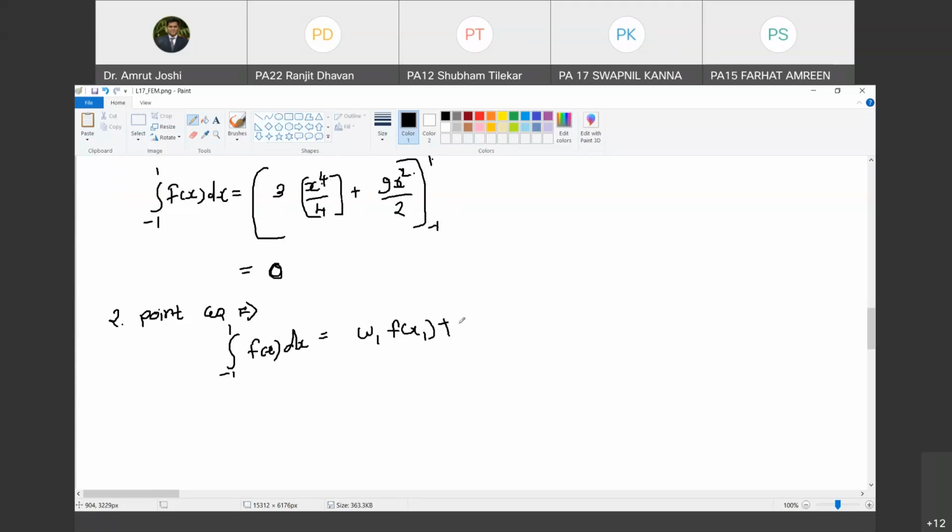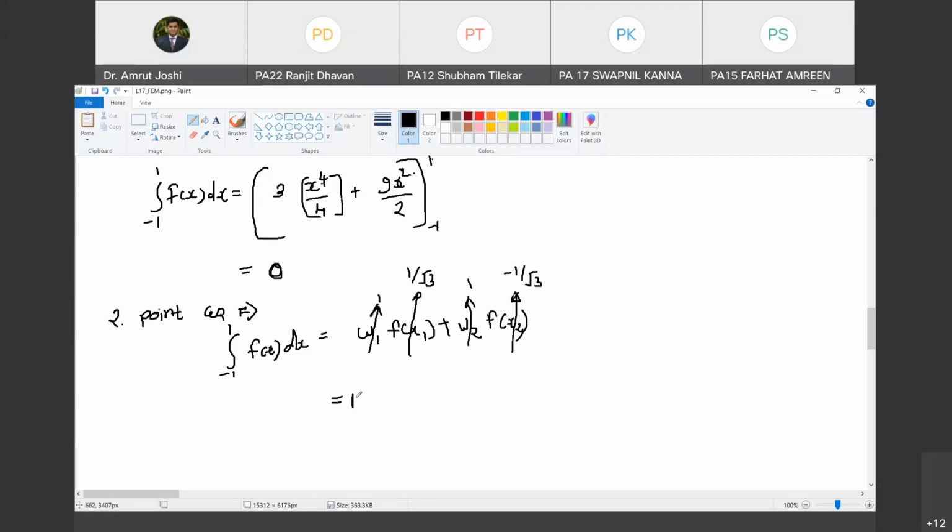Yes. Plus w2 into f of x2. Agreed? Yes, sir. But what is w1? w1 is 1, w2 is 1, x1 is 1 by root 3, and x2 is -1 by root 3. Happy? Yes.